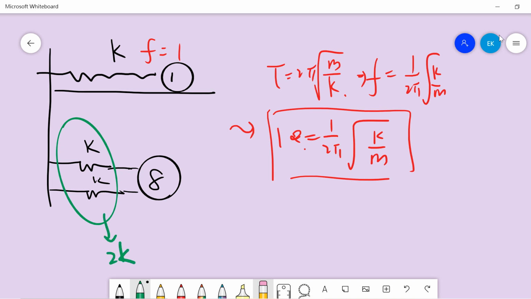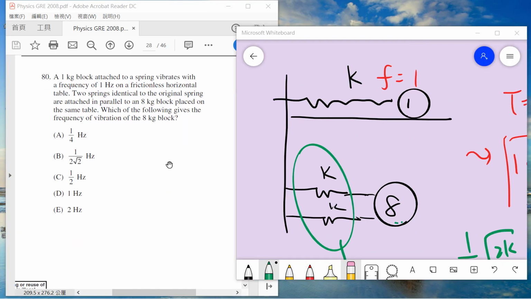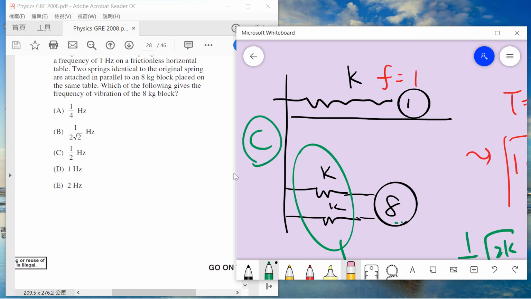You need to remember that in parallel you add them together. So what we want to compute is 2k divided by m, which is basically a factor of root 2 from the original. Wait, so it is half of 2 pi k over m. So it's a half times 1. So the answer is 0.5 Hertz. So the answer is C.